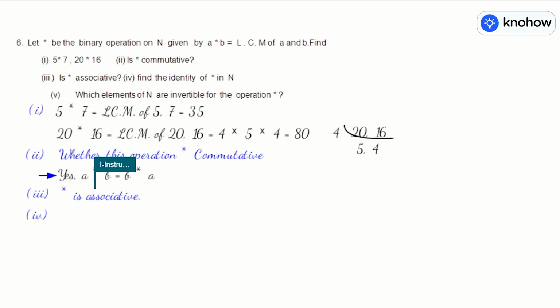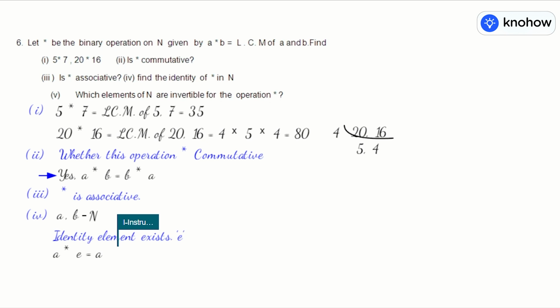Now the next part is the identity element. And here the numbers A and B are natural numbers. So obviously we have to find, does an identity element exist? What do you mean by identity element? Say E, such that A star E should be the same as A. Is there any natural number whose LCM with any other natural number will keep the number the same?